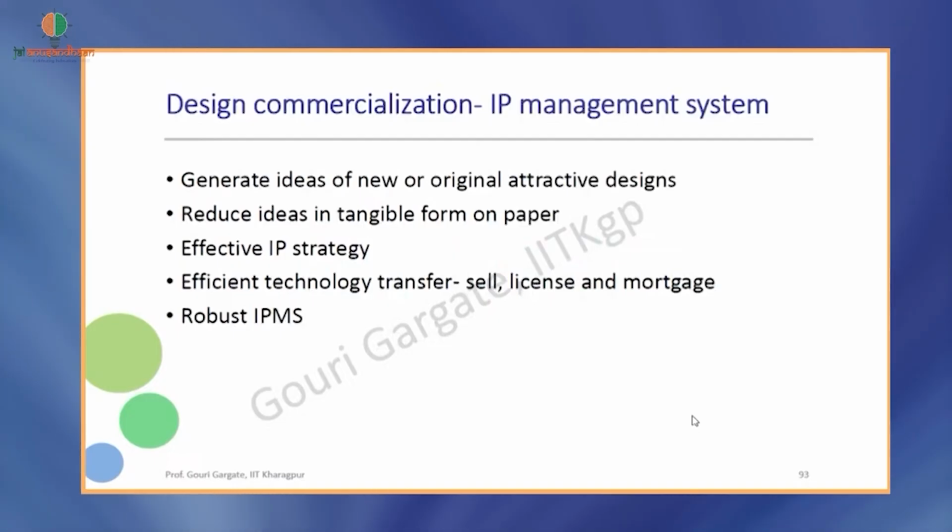This is very important for design commercialization. A lot of ideas are created. Even in the inaugural session yesterday, Dr. Jere shared that a whole idea bank is created through various hackathons. So we are rich with ideas now, right? How are we going to turn these ideas into a tangible form?